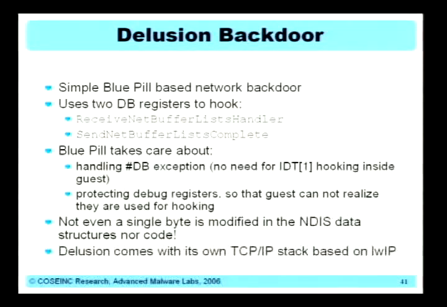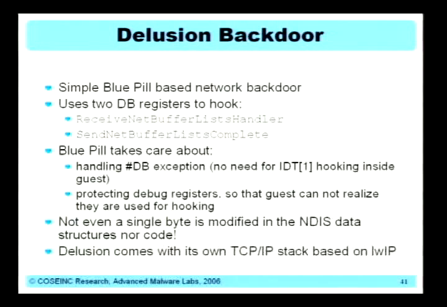So once those functions are going to be executed, a debug exception is raised, it's serviced by blue pill, and the execution is returned to guest, but guest doesn't even realize that the debug exception was raised, because hypervisor can decide if it should pass the exception to the guest or not, or just service it by itself. So we are servicing the debug exception by ourselves.